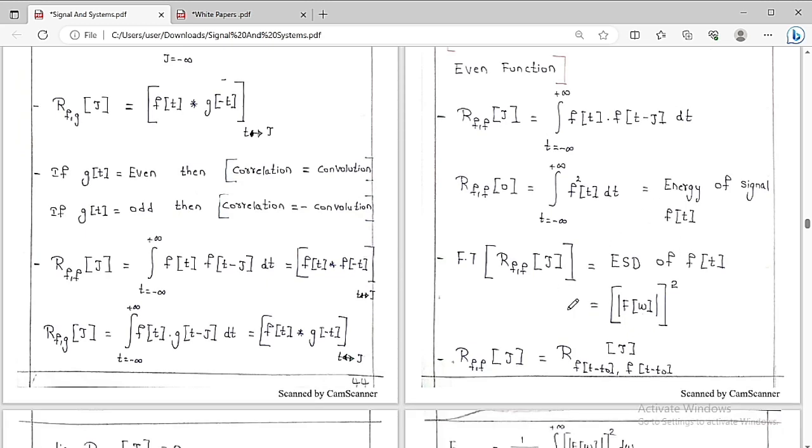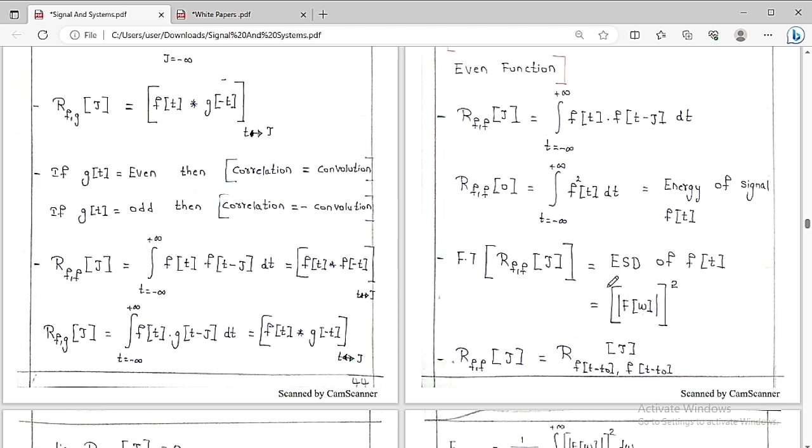Then I want to figure out what the Fourier transform of the autocorrelation is. This is also called the ESD, the energy spectrum density of f of t, or simply mod of F of omega whole square.